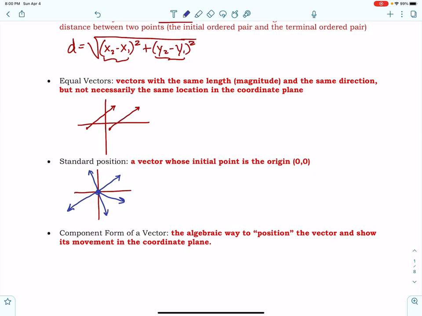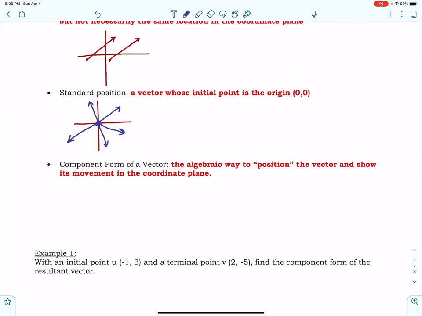Okay, so the next thing we're going to talk about is the component form of a vector. So as this states, this is just an algebraic way to position our vector, and it will show its movement in the coordinate plane. So there's a particular way that we have to write component form.